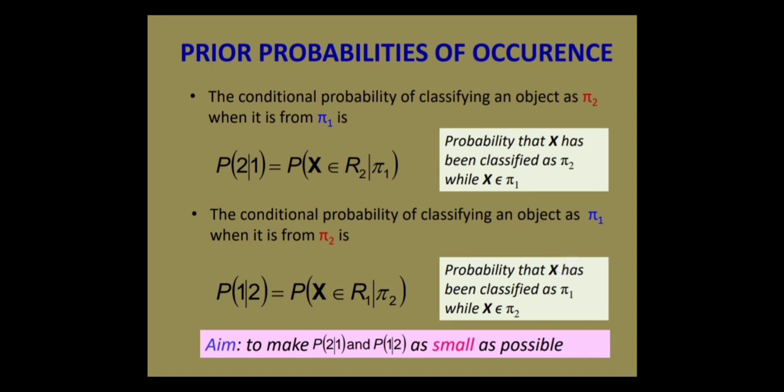Maksudnya, when the probability that X has been classified as pi 2 while actually it is from pi 1 is high, it will tend to give a higher value of misclassification, kejap lagi bila kita calculate.